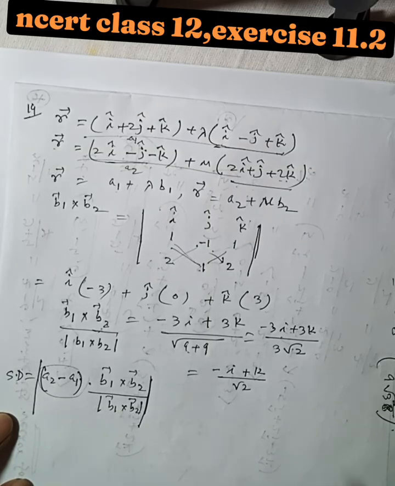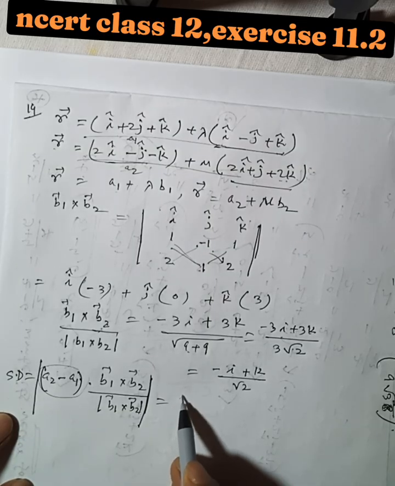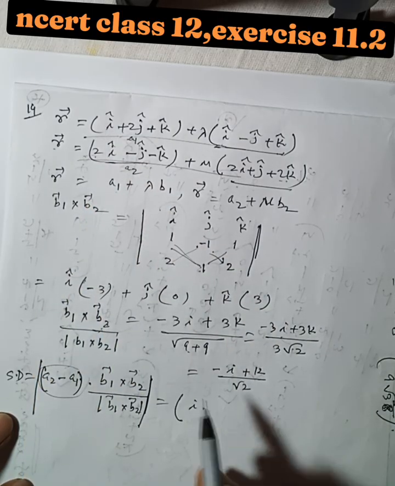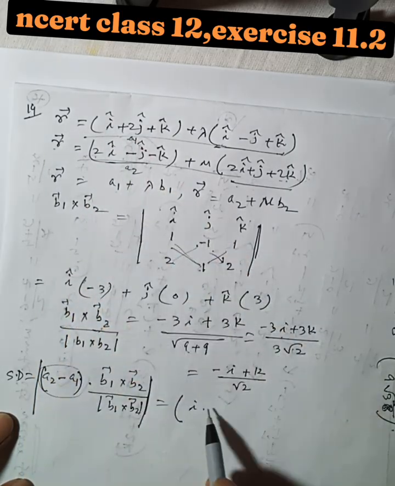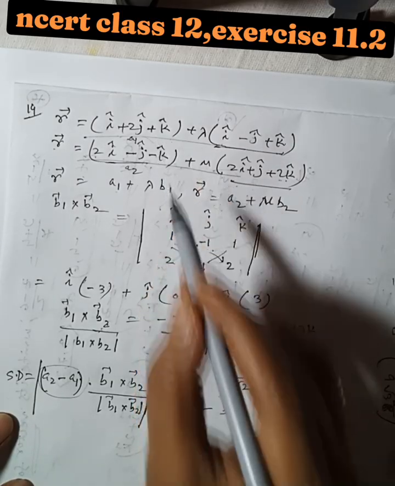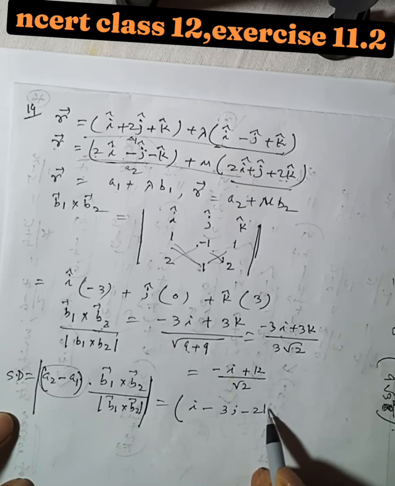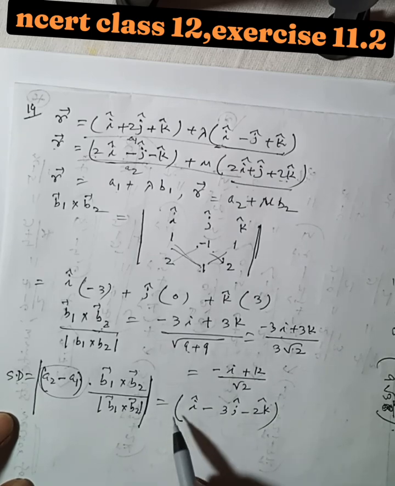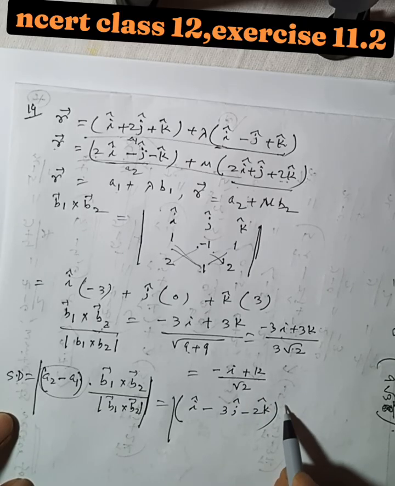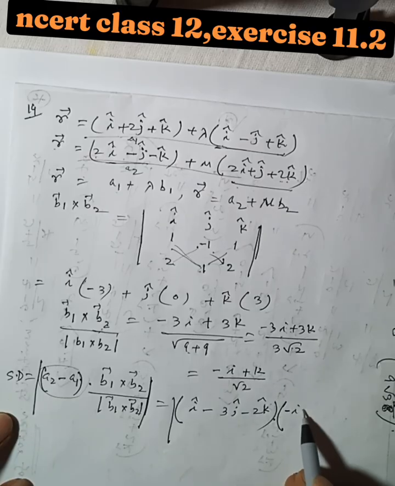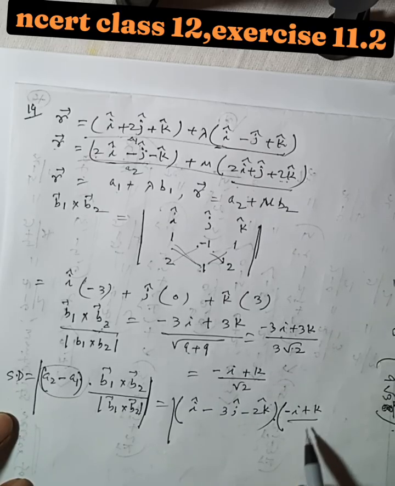So a2 minus a1 is (2 minus 1)i minus 1 minus 2, minus 3j, minus minus 2k, and the dot product with (minus i plus k) by root 2.